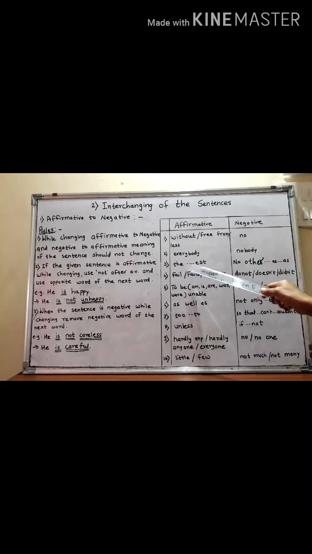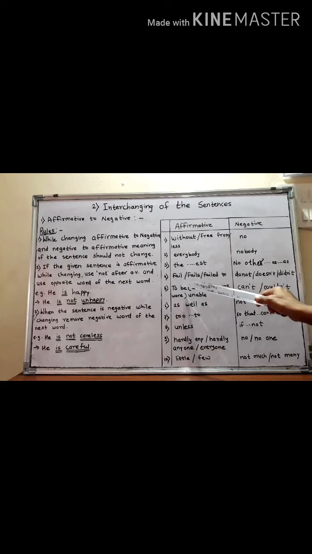Third one, the and est. What is meant by the and est? Means superlative degree. If the sentence is given in superlative degree, while making its negative, you have to use no other as. Means if the affirmative sentence is in superlative degree, while changing into negative, you have to make its positive degree.